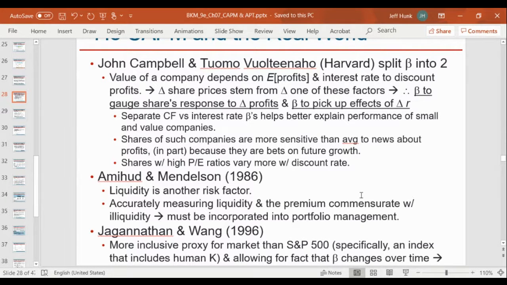Obviously, as the discount rate goes up, investors would feel their position in these stocks to be more risky because they are more speculative stocks, right?